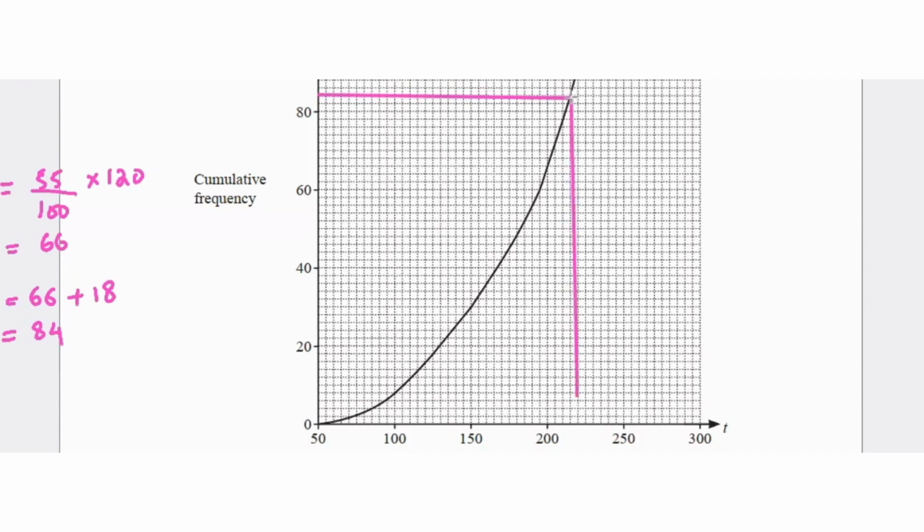And this is going to be our value of k, which I'm getting as 205, 210, 215, something around that. I'm getting 215 to be exact, based on my graph. So 215 is our value of k.